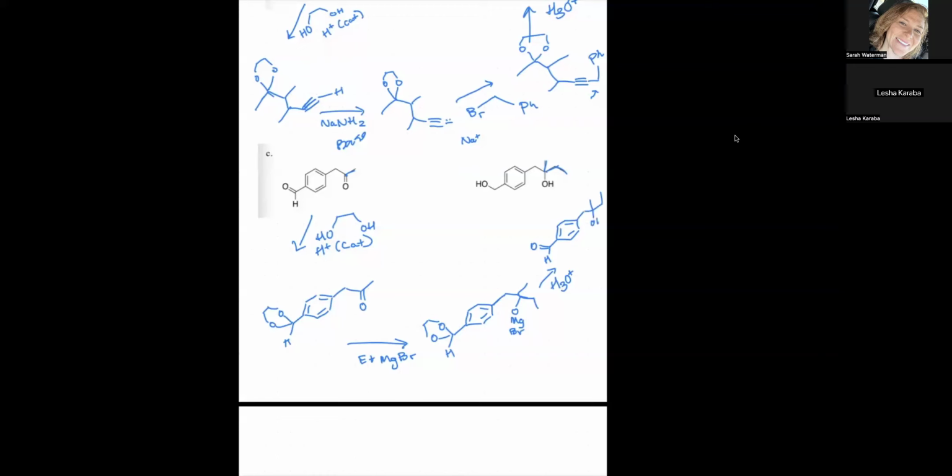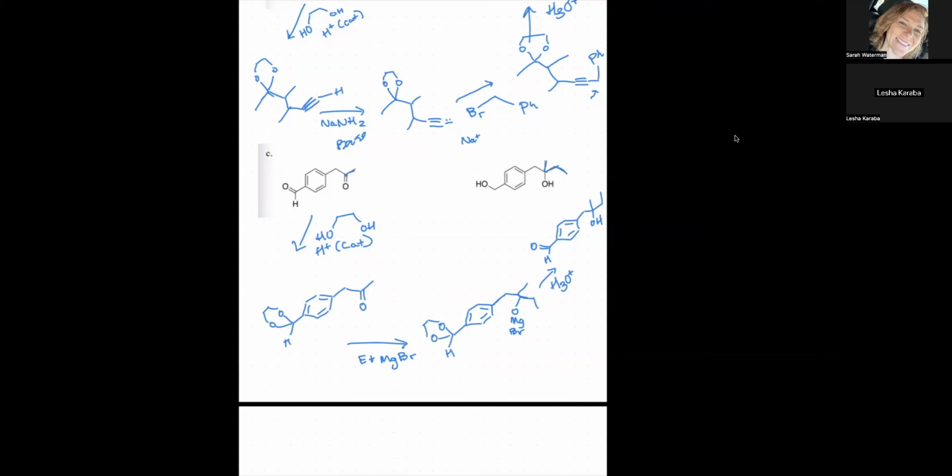And OH. So we have our OH, we have our ethyl group. We've added our ethyl group. One last thing that we have to do is turn our aldehyde into an alcohol.